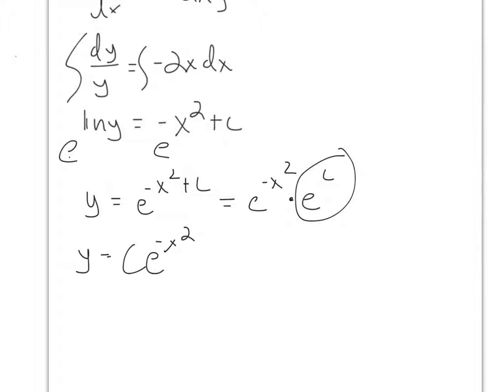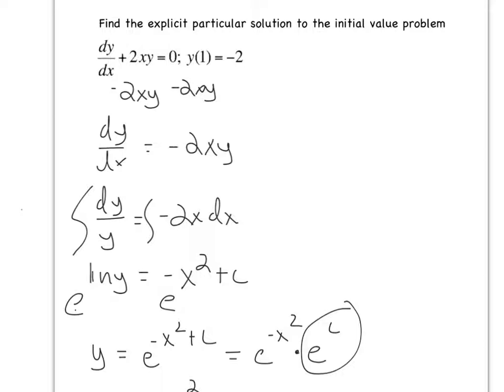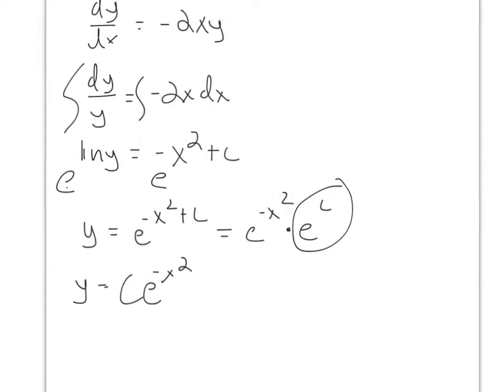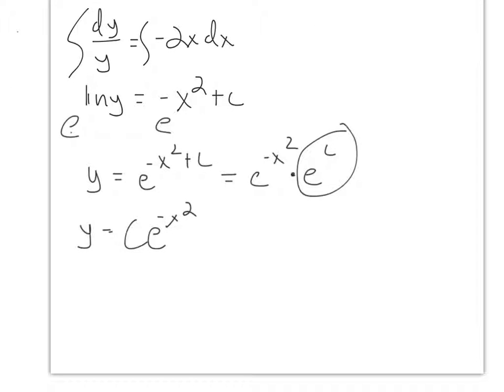And then with my initial values, when x is 1, y is negative 2. The only thing we need to be careful of is that negative was out in front of x.